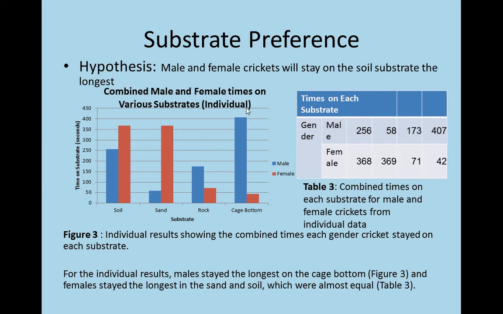The individual results didn't really support this, because for males the most time was spent on the cage bottom, and for females it was a tie between soil and sand. So there wasn't a clear lead by the soil. The evenness in soil and sand can probably be attributed to the time spent laying eggs in those 2 substrates by the females.